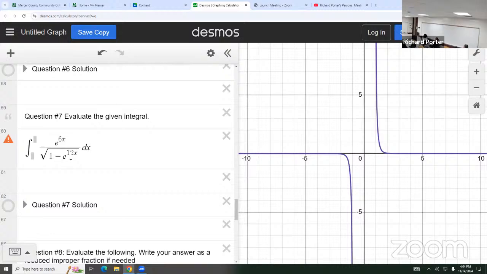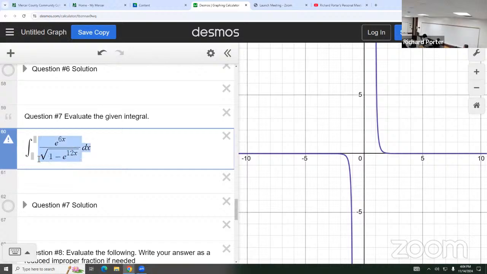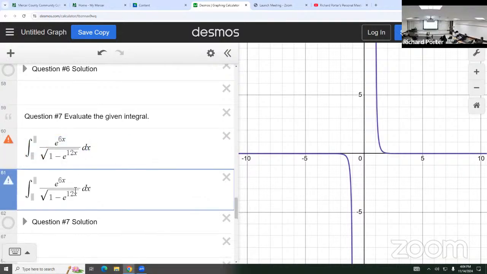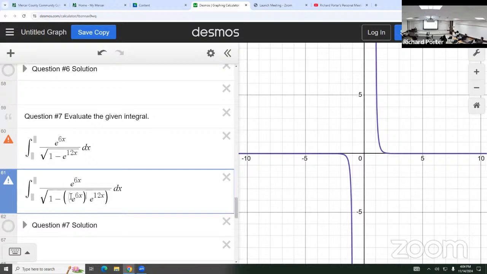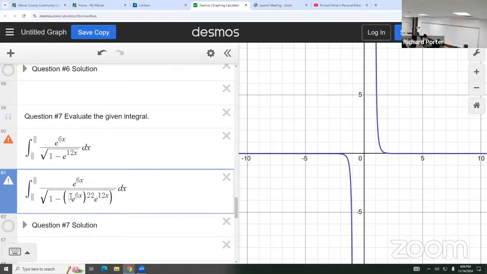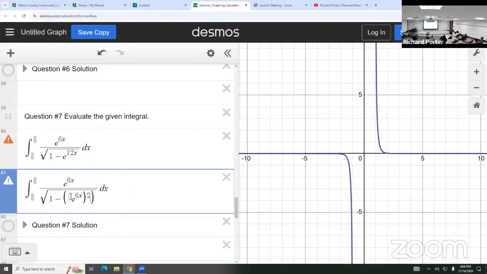Okay, so this right here is, let me just copy this down. You see that guy right there, e to the 6x? Can I write it that way? Can I write it e to the 6x squared? You see that?